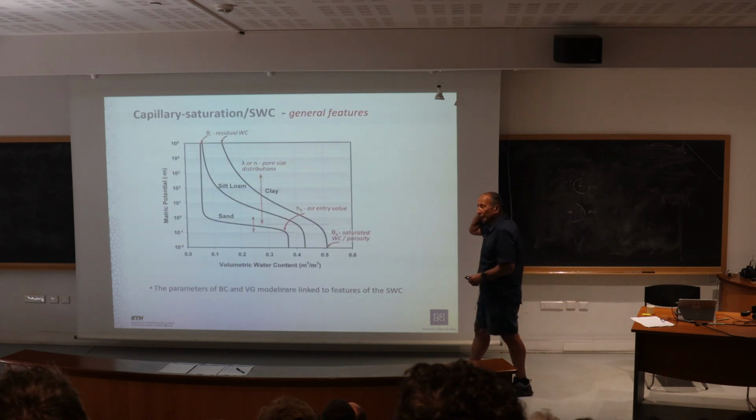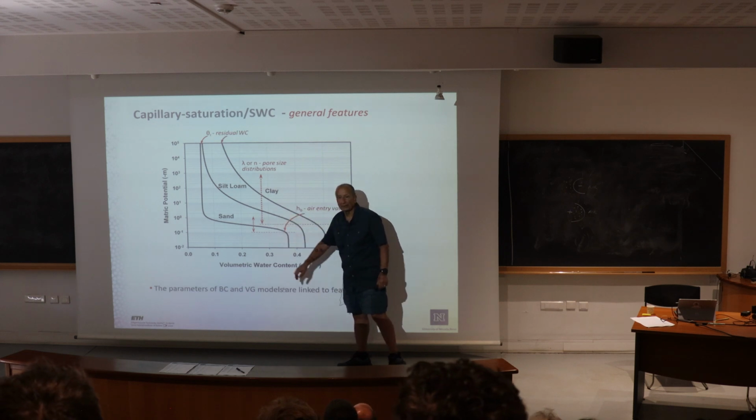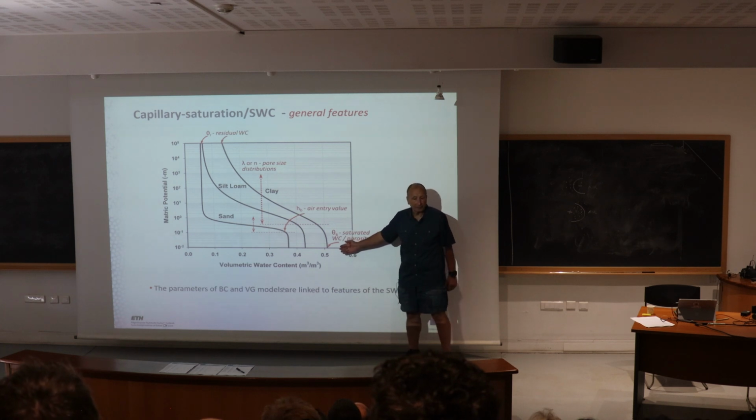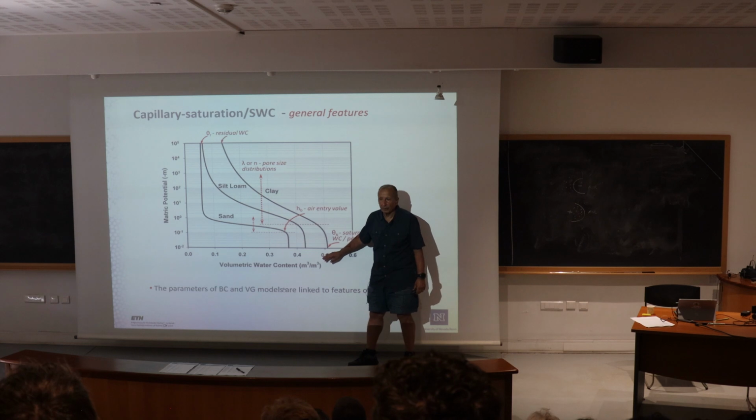Looking at the soil water characteristic curves of 3 different soils, clay, silt loam, and sand, just by looking at them, we can make some inferences about the properties of these soils. For example, when the matric potential is close to 0, we can assume the soil is fully saturated.